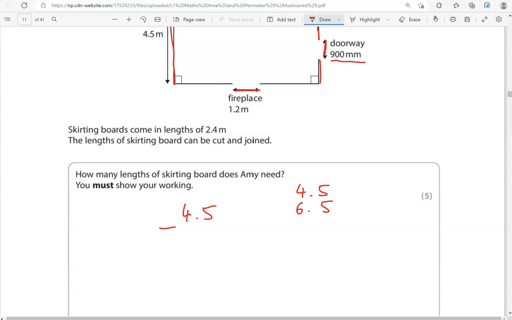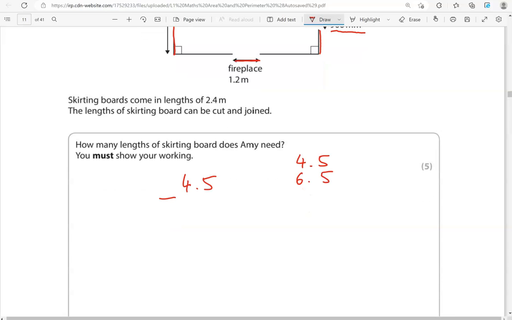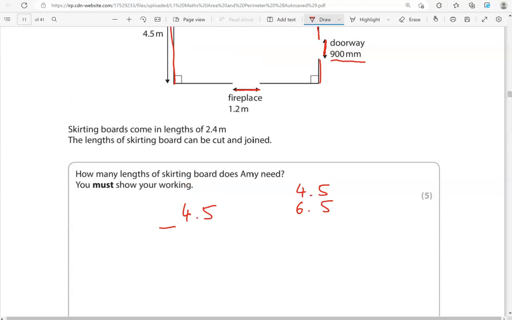We need to convert the millimeters into meters first. So we're going to convert the millimeters into centimeters and then into meters. We know that in 1 centimeter there are 10 millimeters.